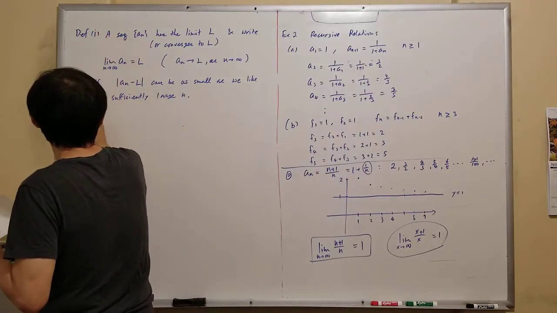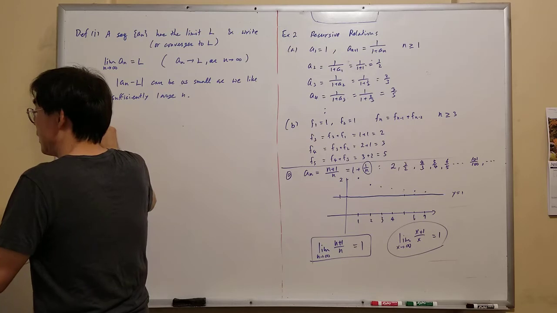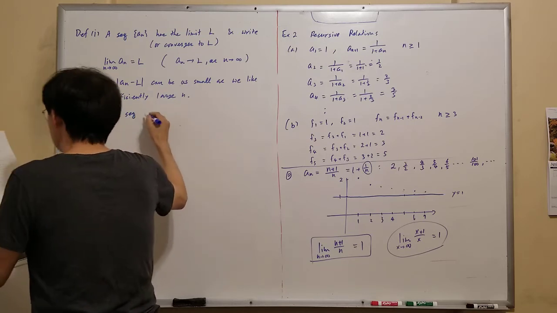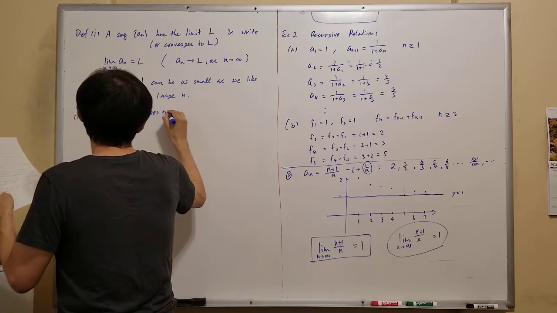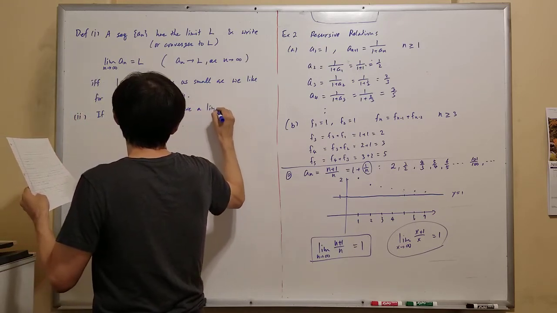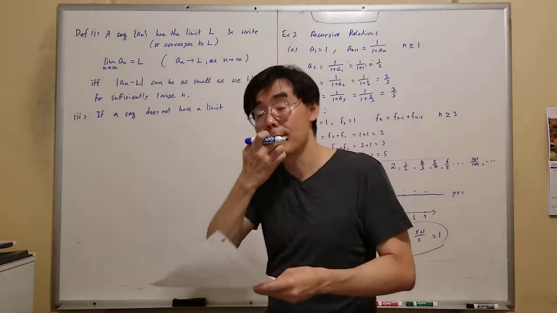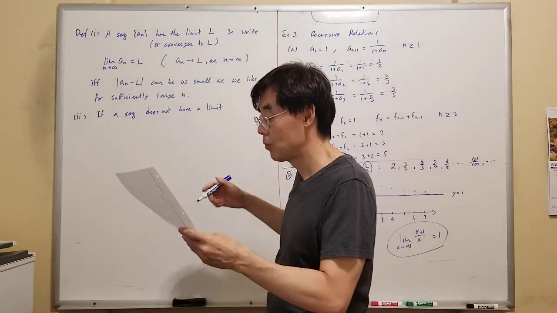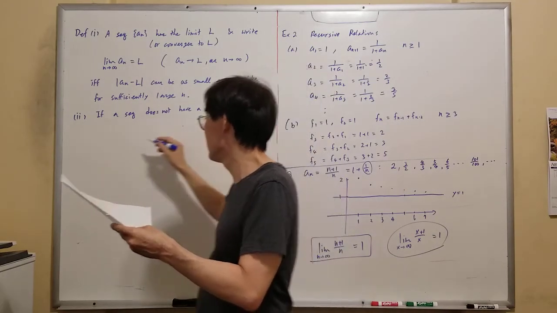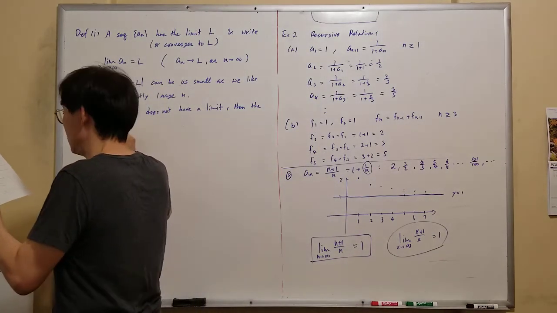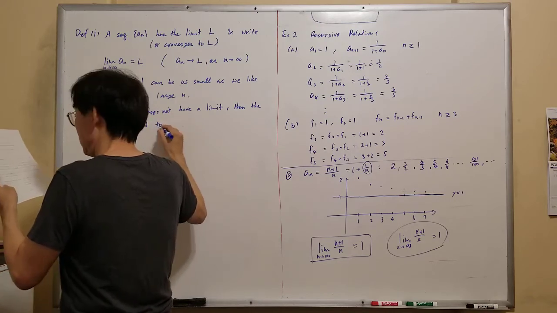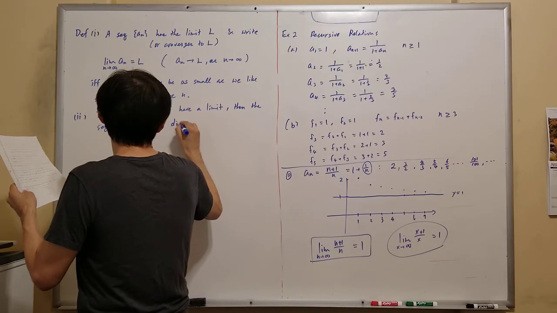First. Second, if a sequence does not have a limit, then the sequence is said to diverge.